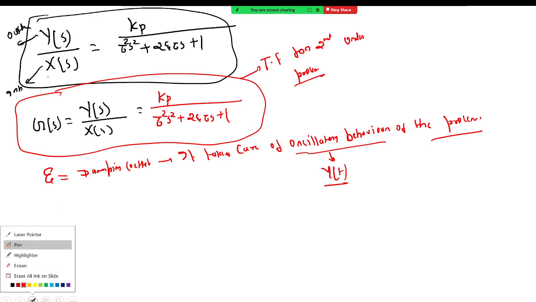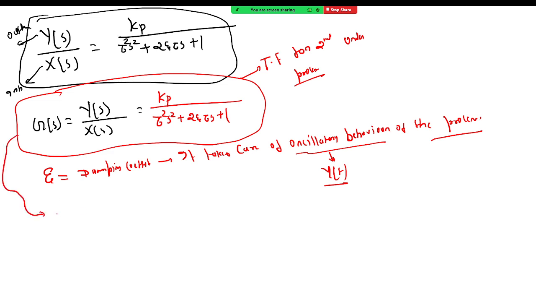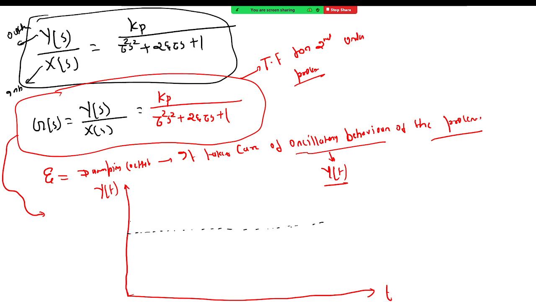When we draw the plot of this function, it looks like this. It will look like this if you draw this function in MATLAB or Python, whatever. I'll tell you later on. There will be some kind of oscillation over here.